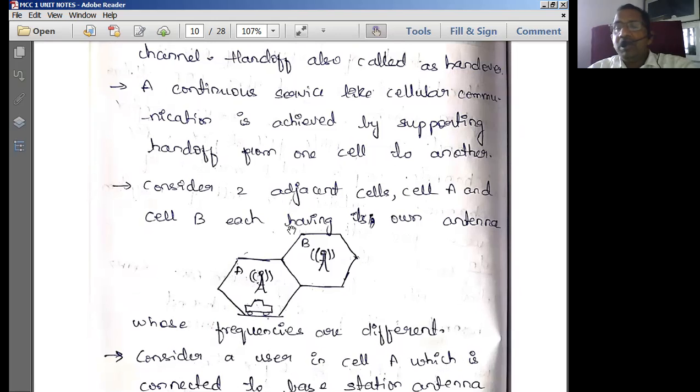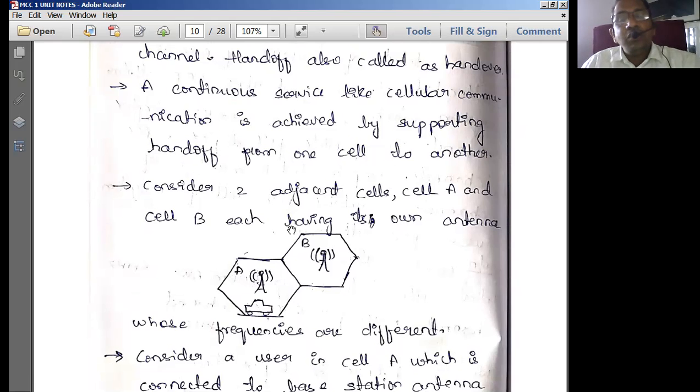That means the mobile user should not get a feel that his signal got disconnected and that he is going to get another connection within a couple of seconds. The mobile user should feel that the call is continuously connected. Why? Because the cell tower, base station A, base station B, or base station C adjacent to it, are in the coverage area of a particular zone, say the Telangana zone.